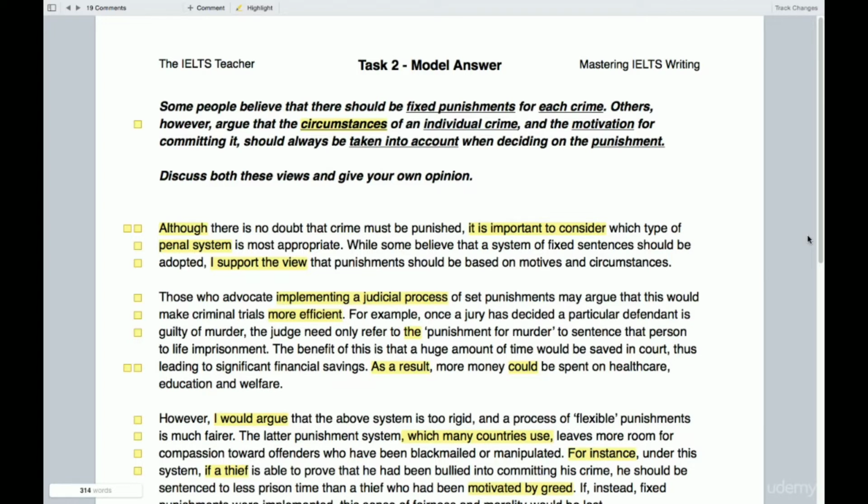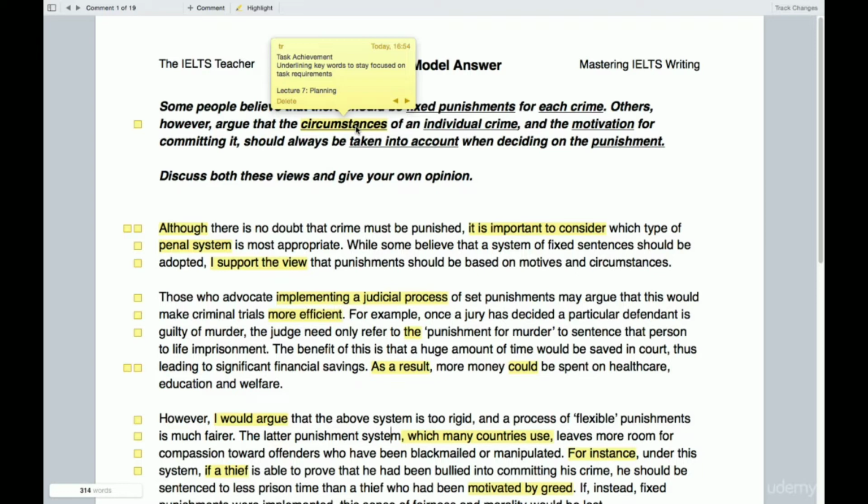So, first of all, we have a highlighted word in the question, and notice that we have lots of underlined words in the question as well. This is because we're looking at task achievement, underlining keywords to stay focused on the task requirements.